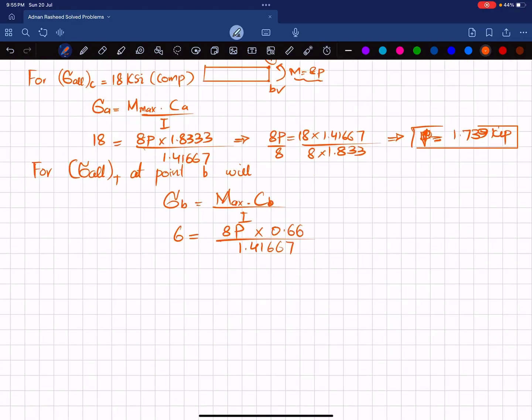So from here we get 6 multiplied by 1.41667 divided by 0.667 equal to 8P, and P, when you calculate it, will be equal to 1.594 kip.